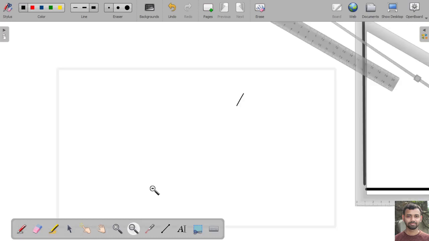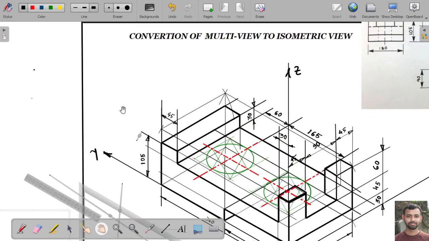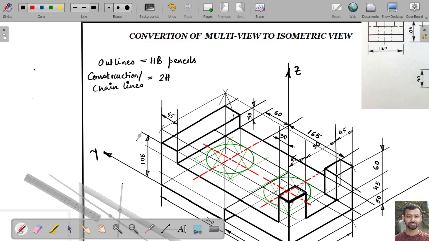So all the outlines will be drawn with the help of HB pencils, and construction or chain lines will be drawn with the help of 2H pencils.